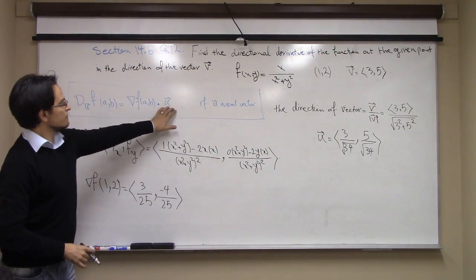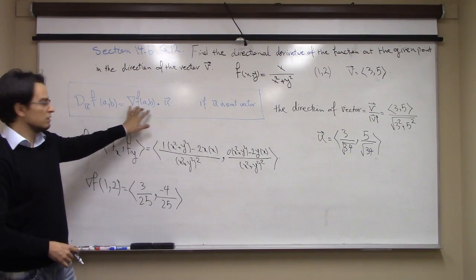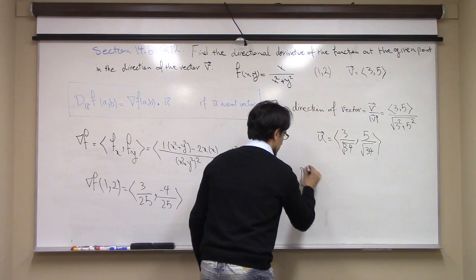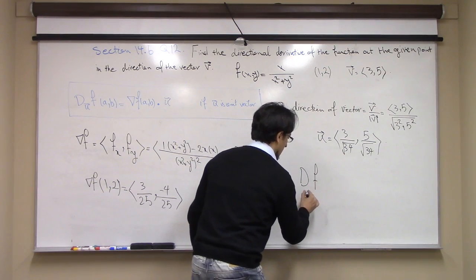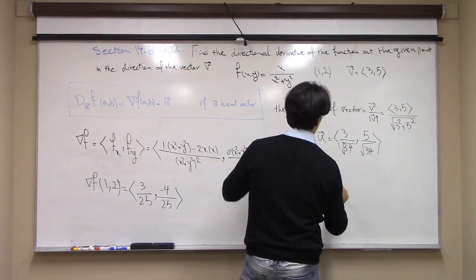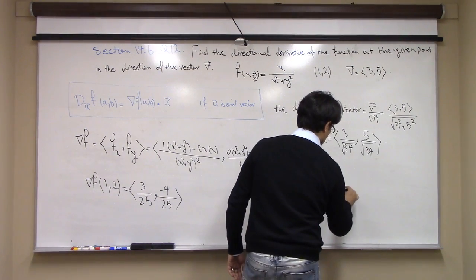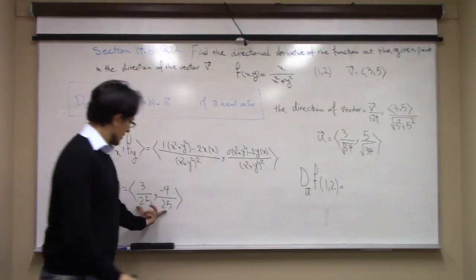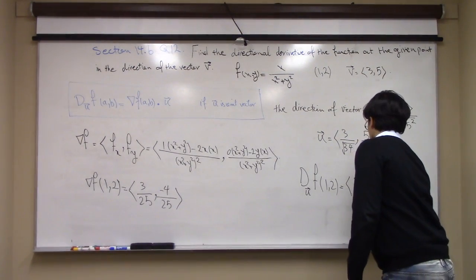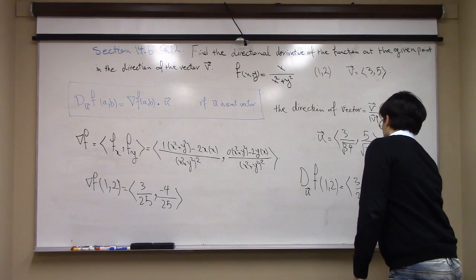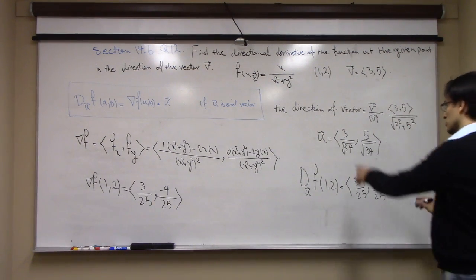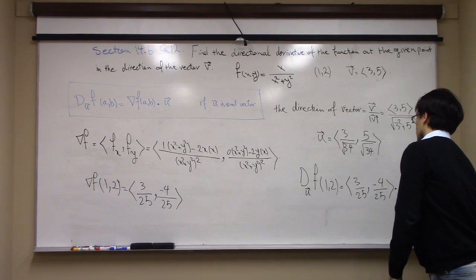Now I have both pieces: the gradient at that point, and the direction. So the directional derivative of my function in the direction u at the given point (1, 2) is equal to the gradient at that point, (3 over 25, minus 4 over 25), dot product with the unit vector.